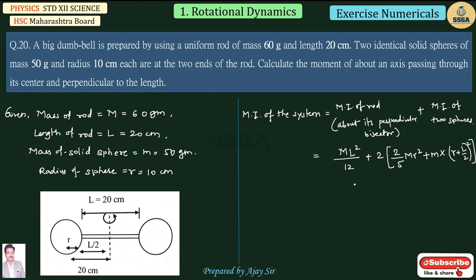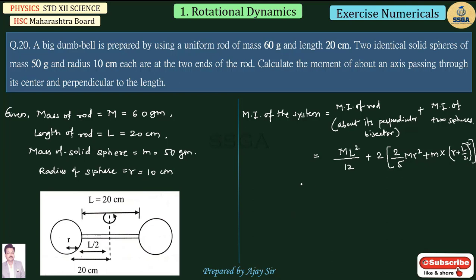So this is what you will get from the formula. The moment of inertia of 2 spheres at a distance r plus L by 2. So this is r plus L by 2, this is the distance. This is the moment of inertia of 2 spheres, so the formula is 2 times 2 upon 5 mr square plus m into r plus L by 2 square.